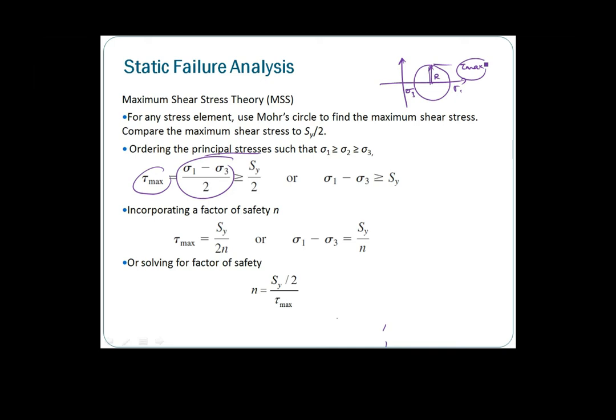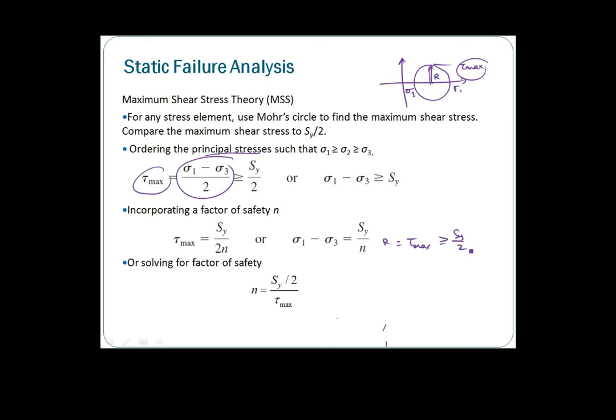Then comparing it with the U strength divided by 2, you can find whether it will fail or not. If it is more than Sy over 2, static failure is likely to happen.